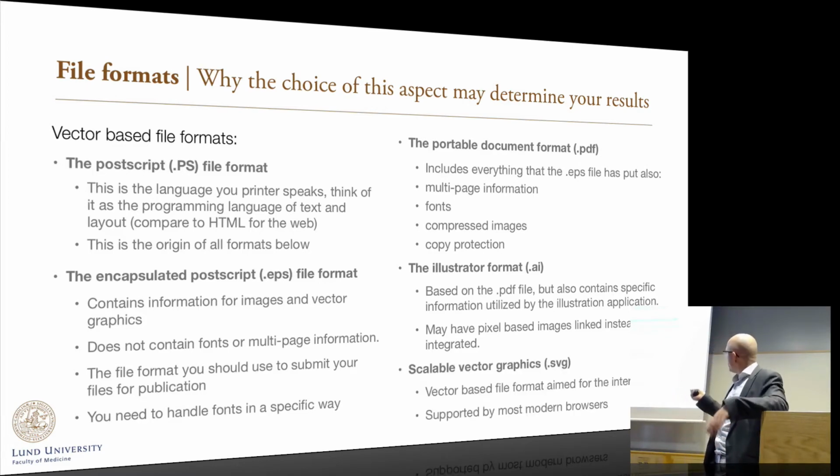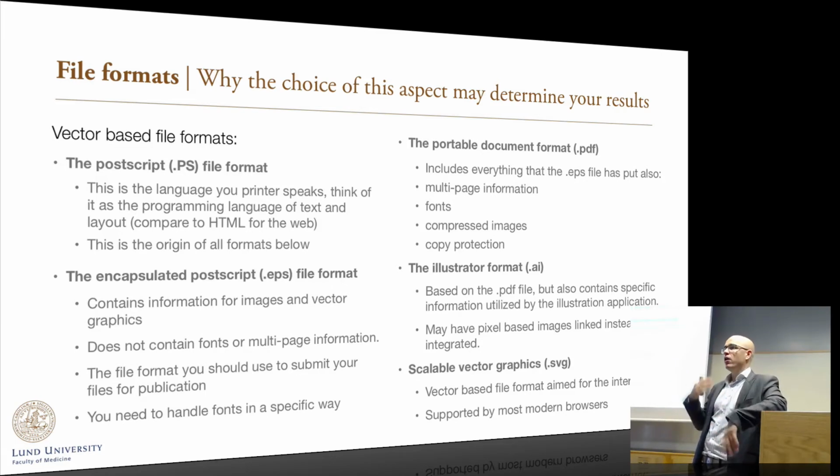Then we have a new one that is a bit of an odd one, but I brought it in here because we see this more and more, not least that this is the default graphics format for Wikipedia. And this is a vector graphics format that is developed for the web.